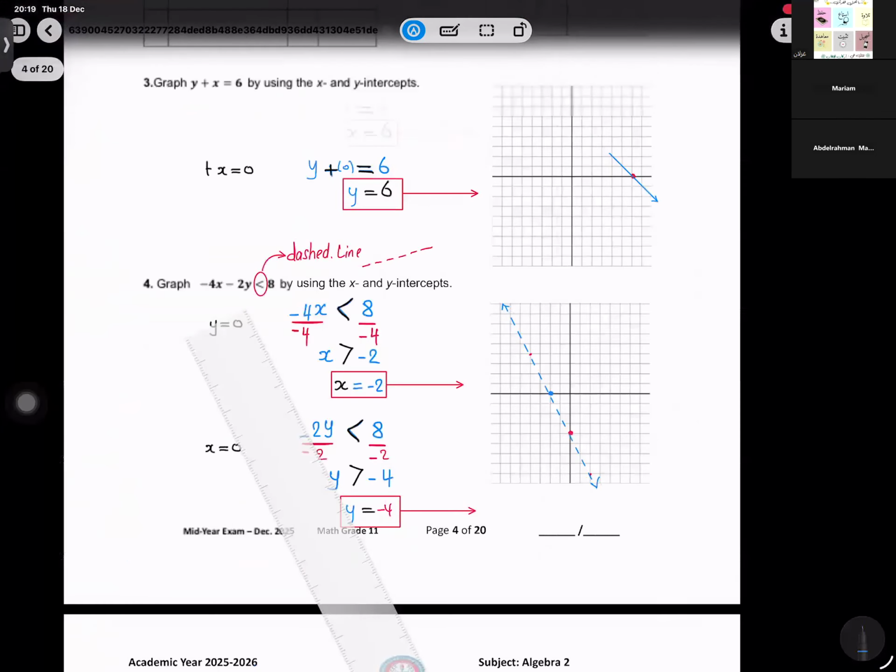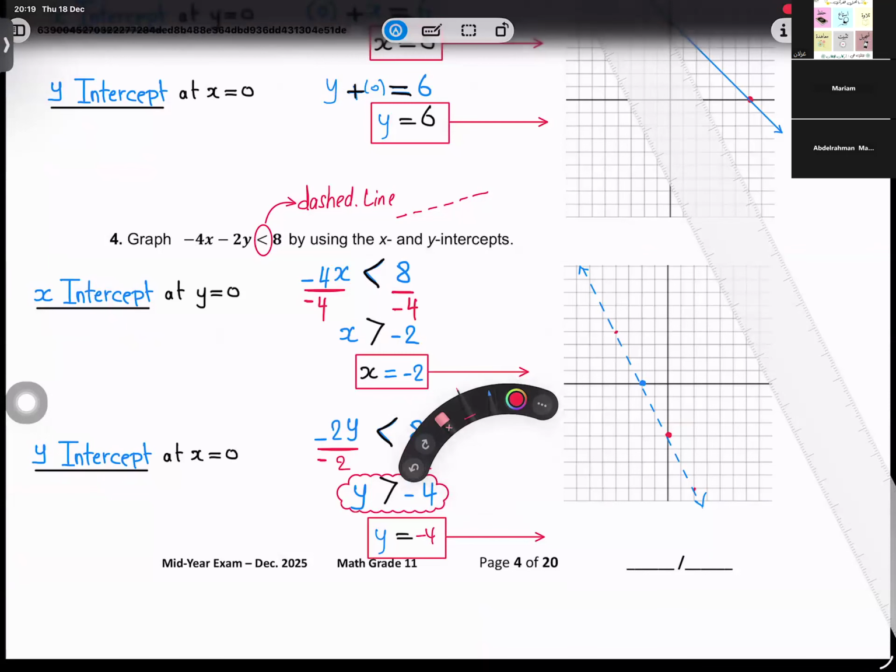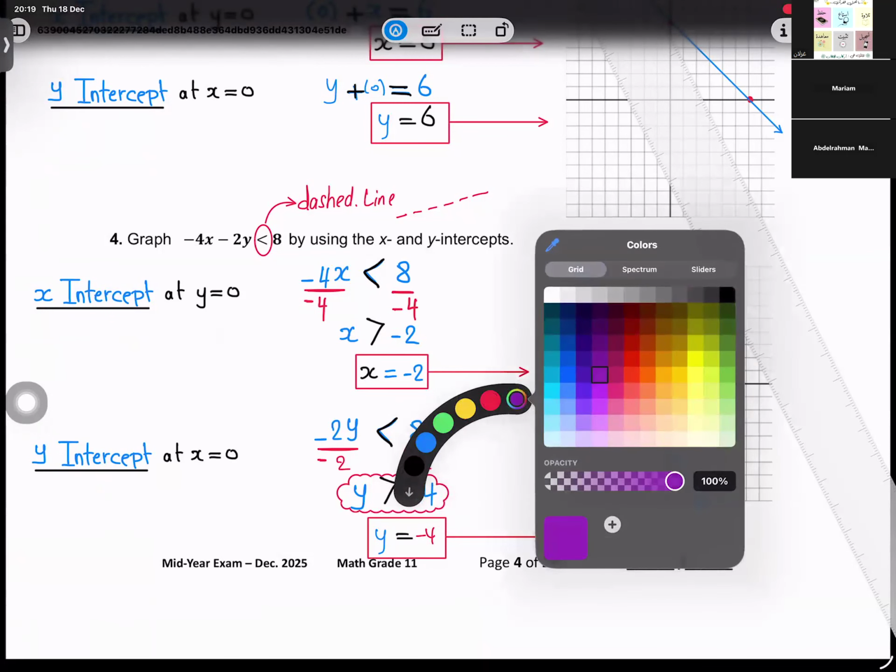Okay. The graph, let's shade now. Where to shade? Y is greater, so you shade above the line. We shade above.